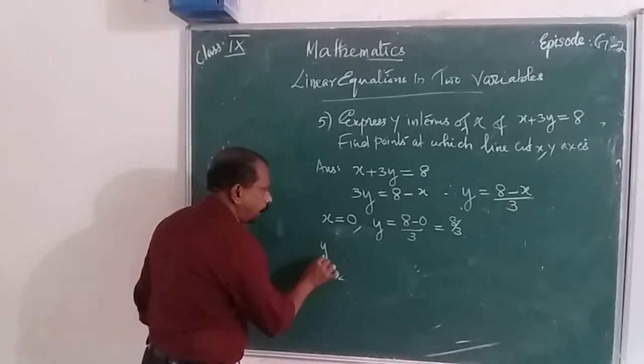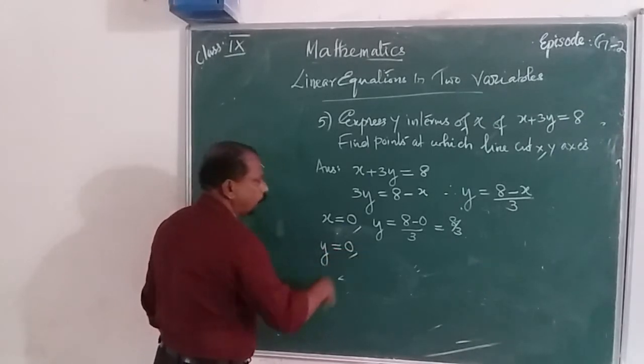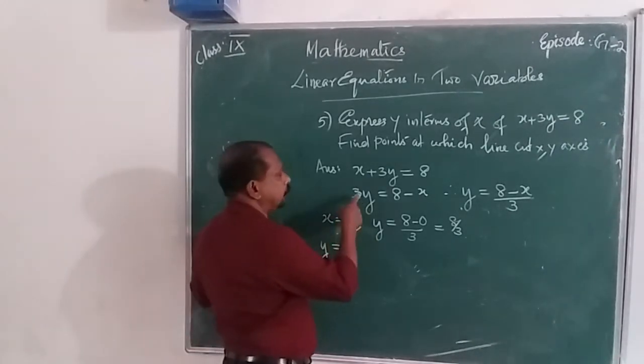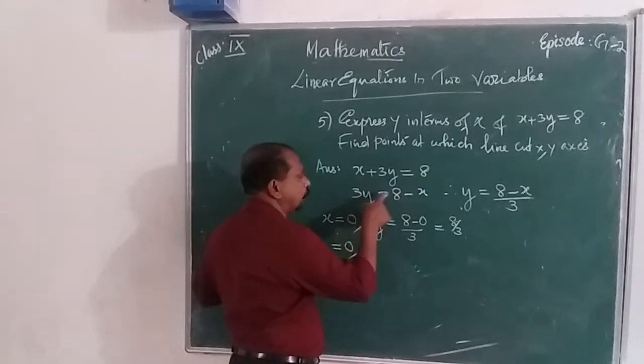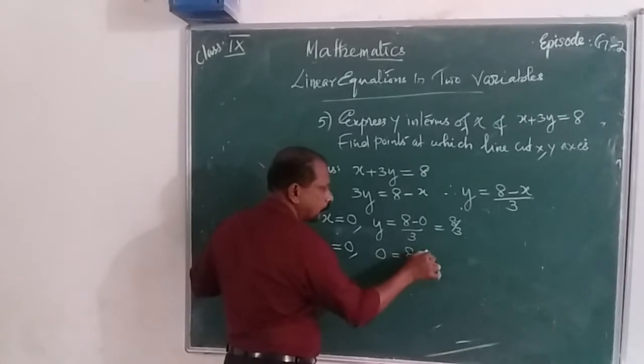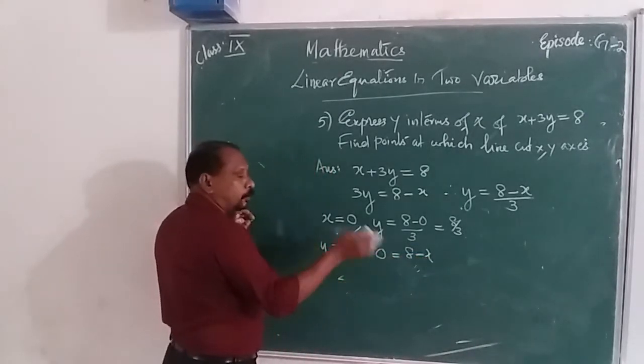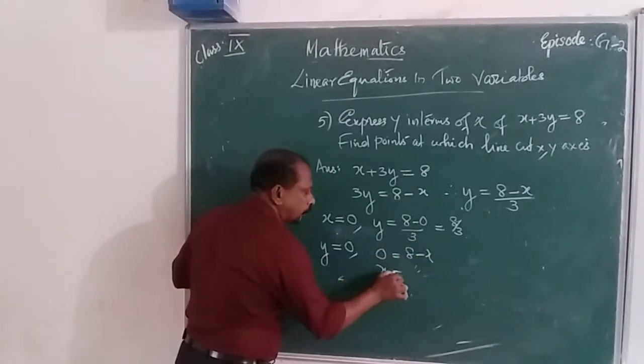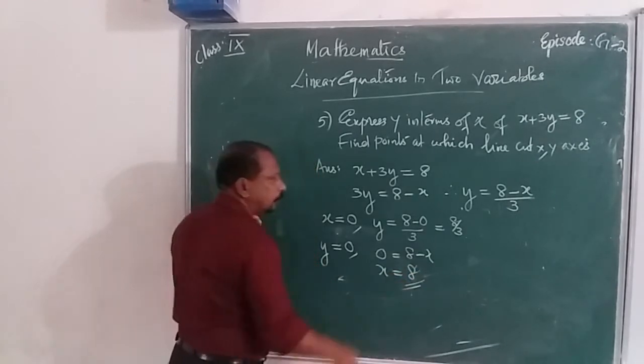And y is equal to 0. That is 0 is equal to 8 minus x. Shifting x to the left, therefore x is equal to 8.